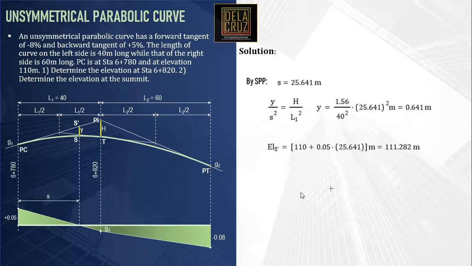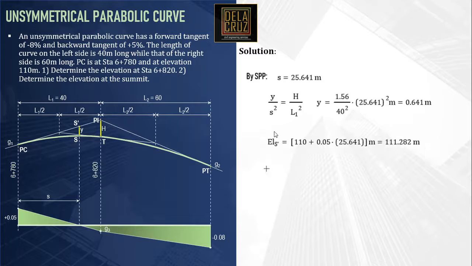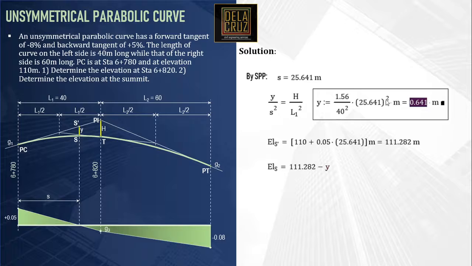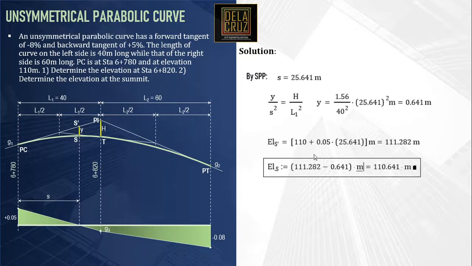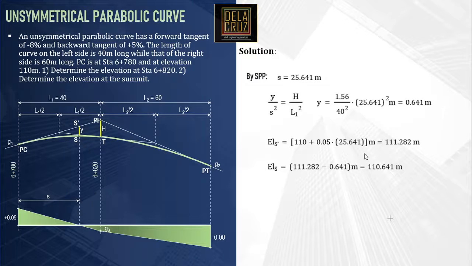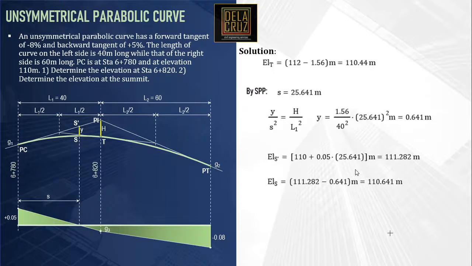Now we can have the elevation of the summit S. The elevation of S is equal to the elevation of S prime minus Y. This is 111.282 minus Y, which is 0.641 meters. That is 110.641 meters.